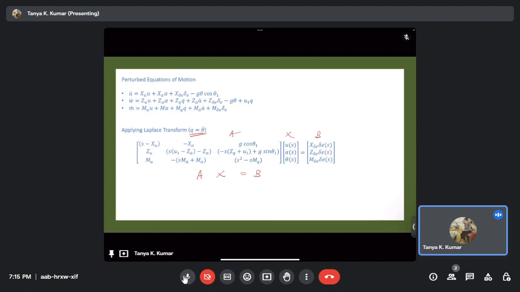This Ax equal to b, how do you find the characteristic equation of A? Can someone tell me?